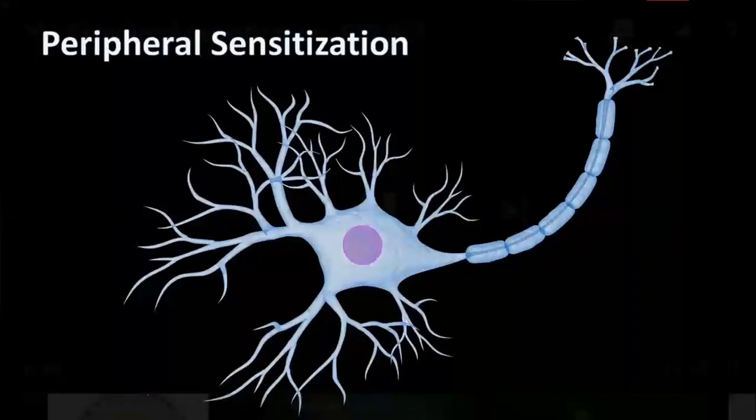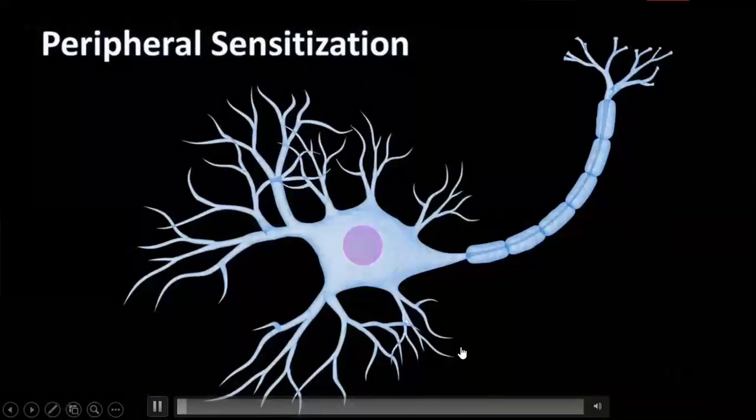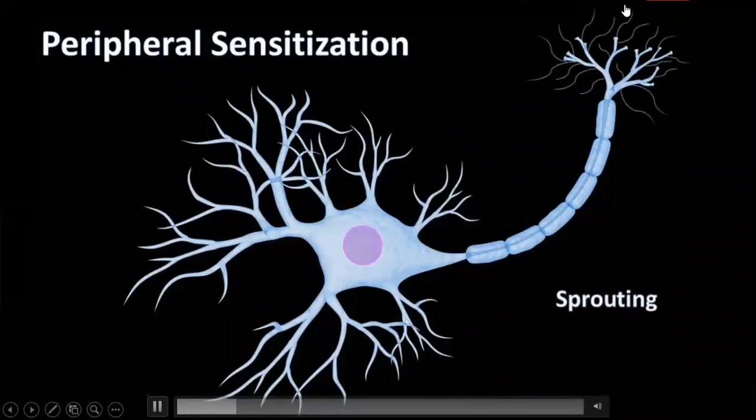So how this occurs is, number one, by morphological changes, that is, sprouting of the free nerve endings. As we can see, the dendritic free nerve endings will be sprouting, and the extensions will be increasing.